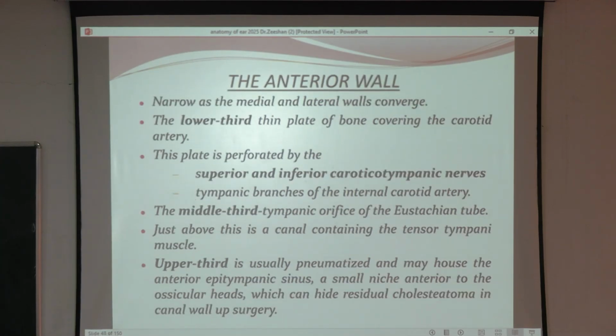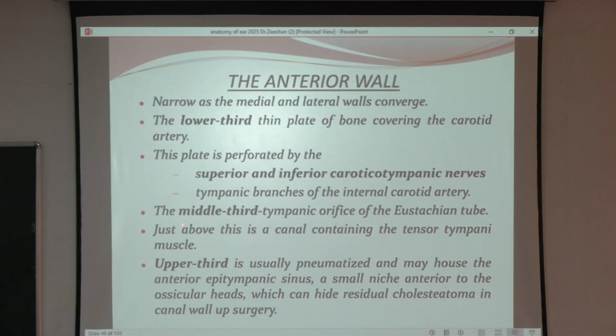Now, the anterior wall is narrow as the medial and lateral wall converge. The lower third comprises a thin plate of bone covering the carotid artery. Just visualize the lower third near the carotid artery, and the plate is perforated by the superior and inferior caroticotympanic nerves, the tympanic branch of internal carotid artery.